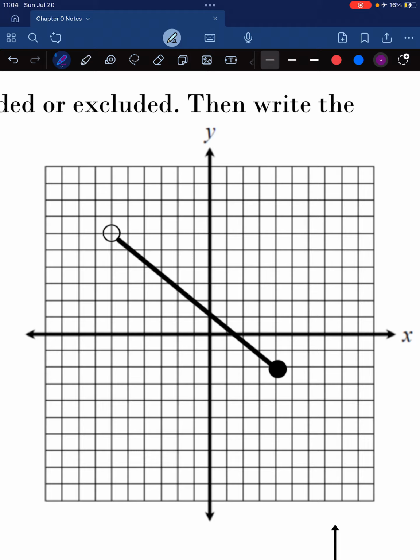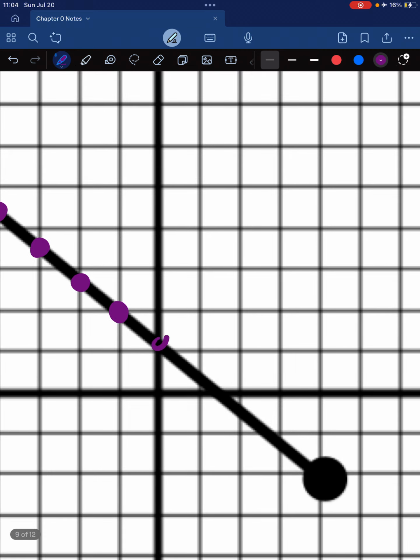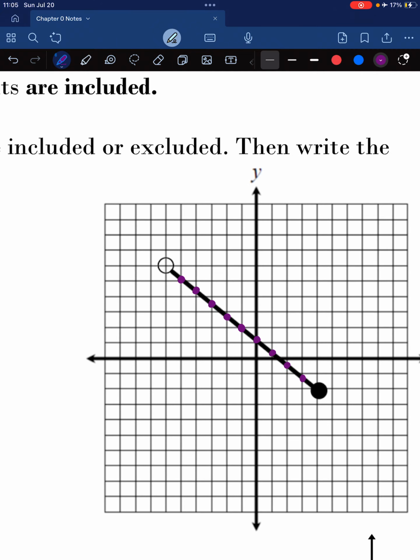And in order to answer that, we need to understand that a solid line like this is made up of an infinite number of points. So I'm going to go ahead and just emphasize a couple here. Okay, you get the idea. These are all points that lie on that line.